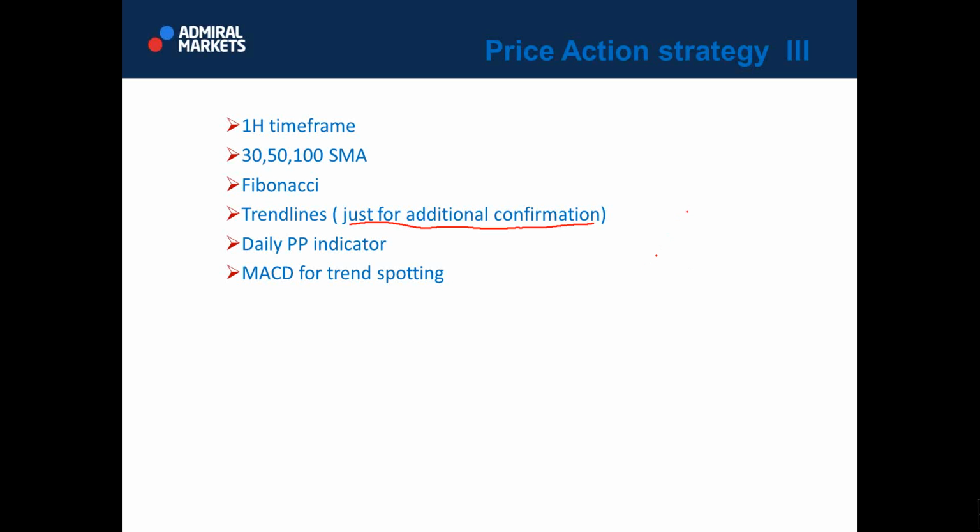Basically, I have put the best of this method and the other Camarilla floor-based strategies into my Camarilla MACD. But Fibonacci is applied to this method in the very best way. You will see how. And trend lines also. So this is used just for additional confirmation.